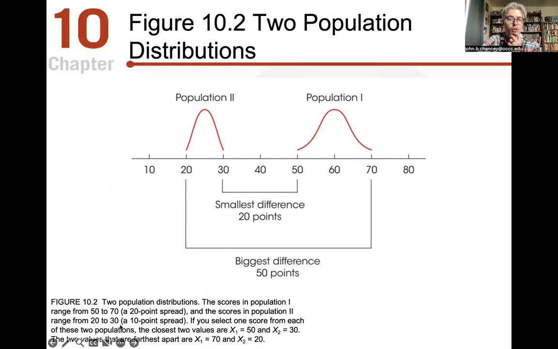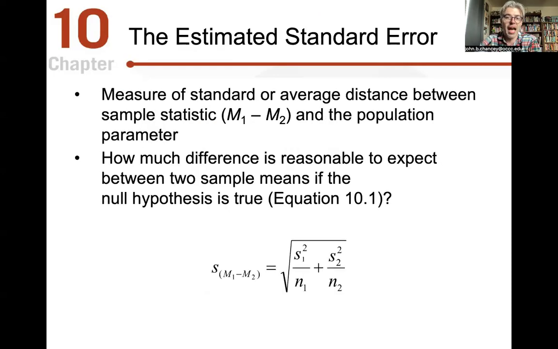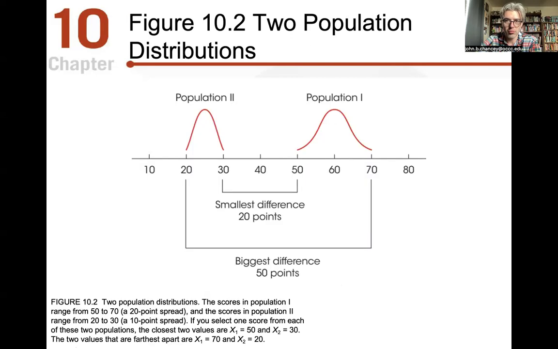If you select one score from each of these two populations, the closest two values are X1, which is 50, and X2, which is 30. The two values that are farthest apart are X1 at 70 and X2 at 20. So a 50-point difference there. And so we're able to take that into consideration when looking at that numerator.